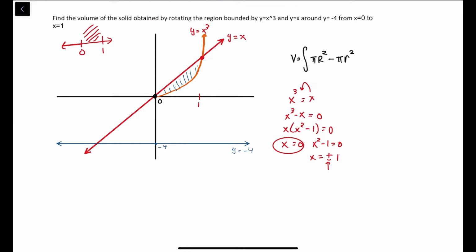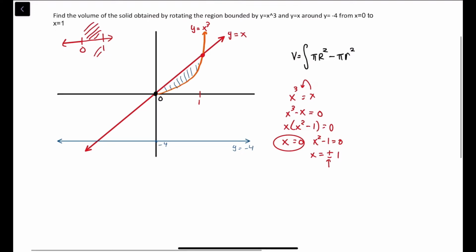So again, we said that we're only gonna focus on the region from 0 to 1. So anything in this region does not count. So we got a bit lucky since the point that they told us about, which is x equals 1, is actually where they intersect. So in other questions, this might not be the case, and in that case, you would need to do more than one integral.